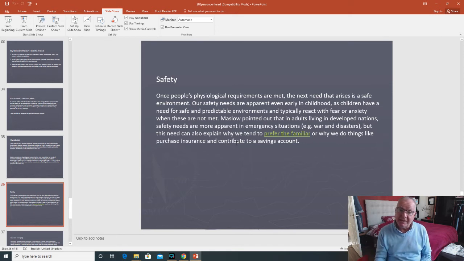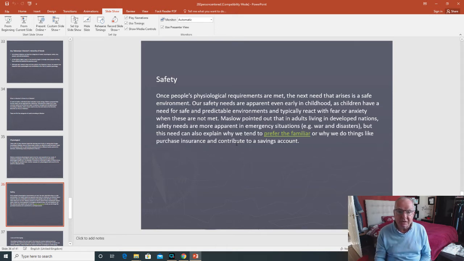It says here, for example, war and disasters. Well, they're declaring a war today on the coronavirus, and we can see now that the whole of humanity really is beginning to take measures to protect ourselves as a species.